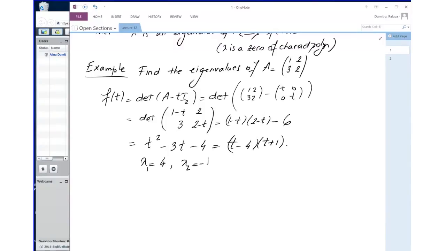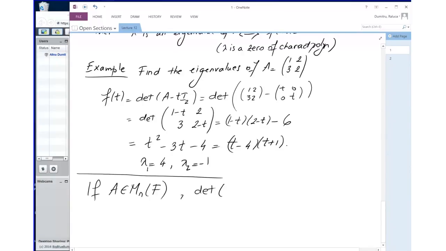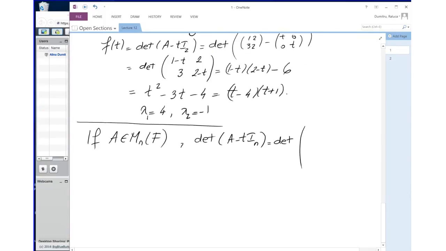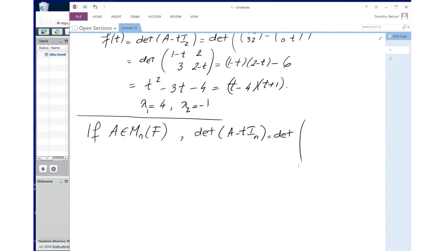Okay, so in general, if you have a matrix that is n by n, the characteristic polynomial will have degree n. And you can look a little bit into the matrix that gives you the determinant, because that will tell you a little bit about what you actually get.